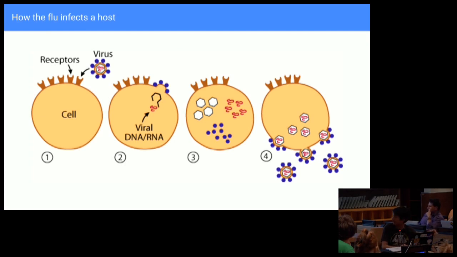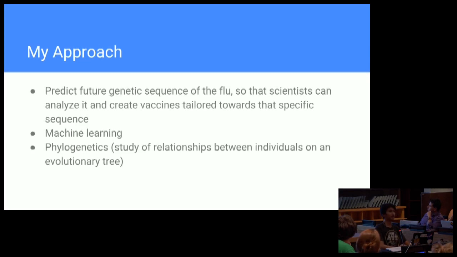HA regulates whether the virus can enter the cell or not, and NA regulates whether the virus can leave the cell. So I thought to myself, if I could knock those proteins out or predict how they would look in the future, then scientists can create vaccines which could take out those proteins and thus prohibit the virus from entering the cell.